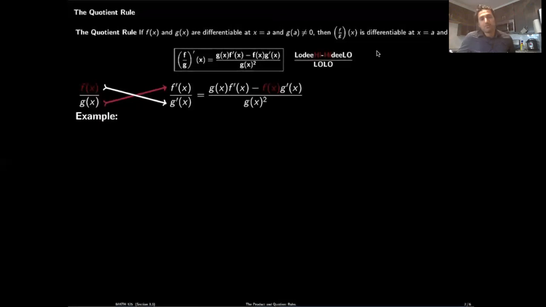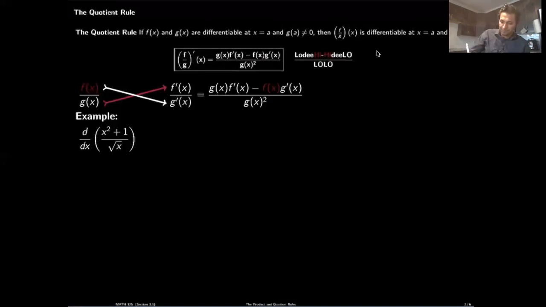Let's practice this rule with some examples. My first example is x squared plus 1 divided by the square root of x. So the function is x squared plus 1 divided by x to the power 1/2, since the square root of x can be written as x to the power 1/2.